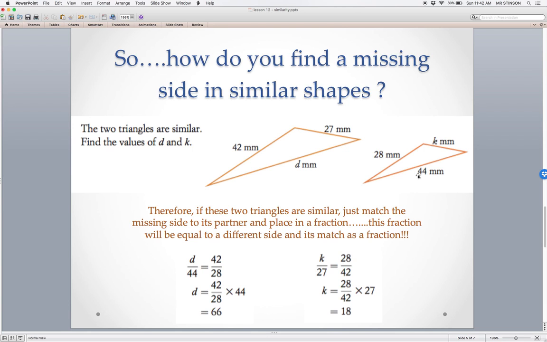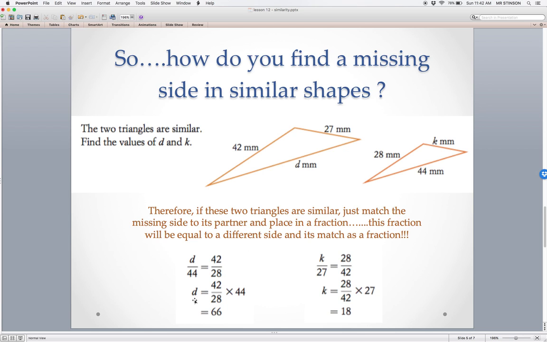Then this fraction is going to be equal to a different side and its match as a fraction. So let's find a different side. Let's say this side here, 42 and 28. So if they're similar, then D over its matching side, 44, is equal to this side, 42, and its matching side as a fraction. So D over 44 would equal 42 over 28.